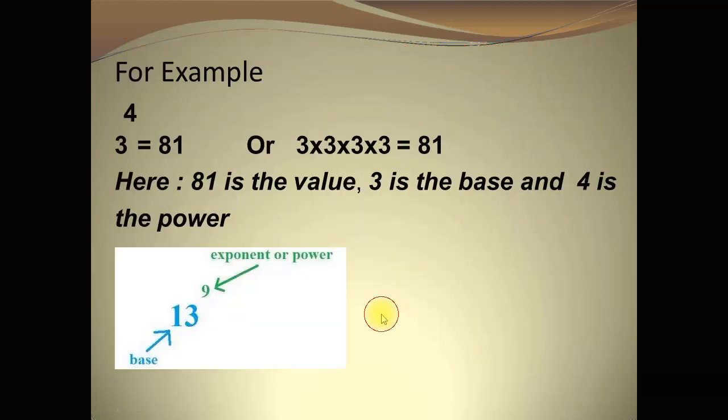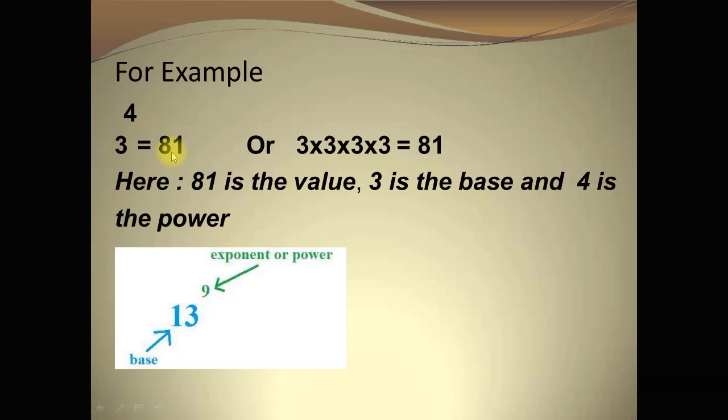For example, we have 3 power 4. 3 power 4 means 3 multiplied 3 multiplied 3 multiplied 3 is equal to 81. So 3 power 4 is equal to 81.